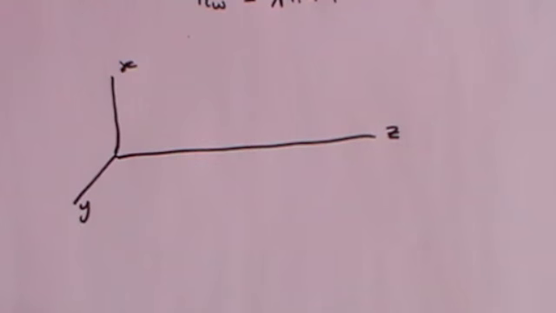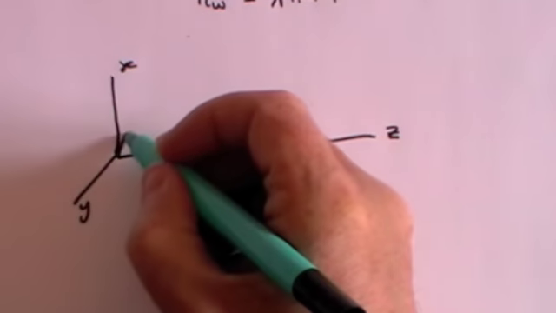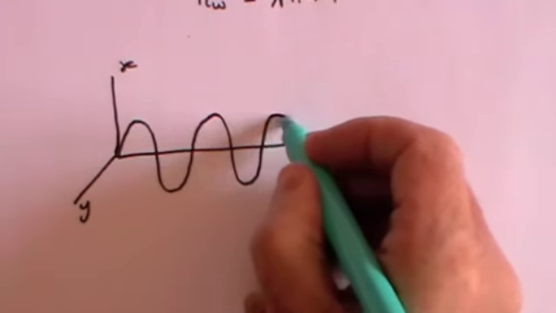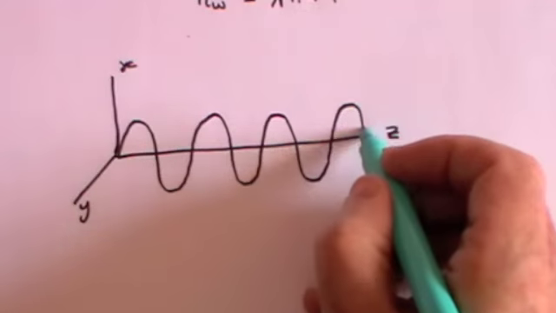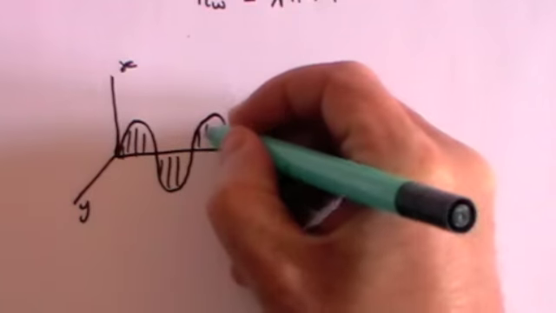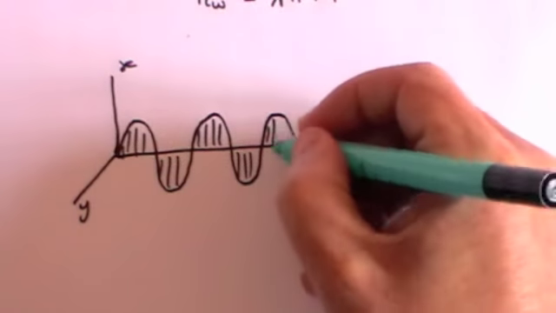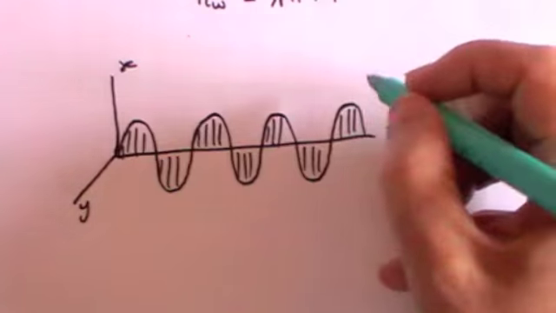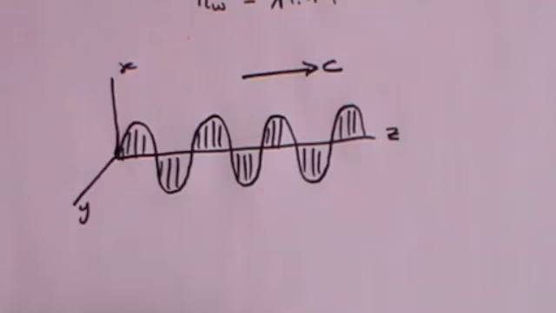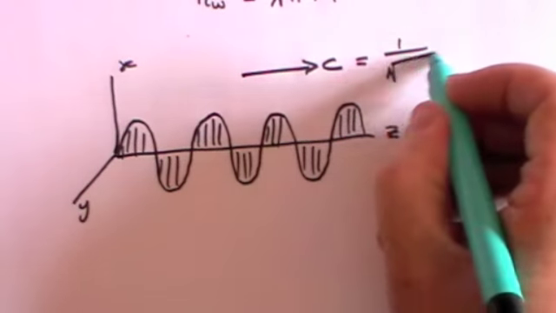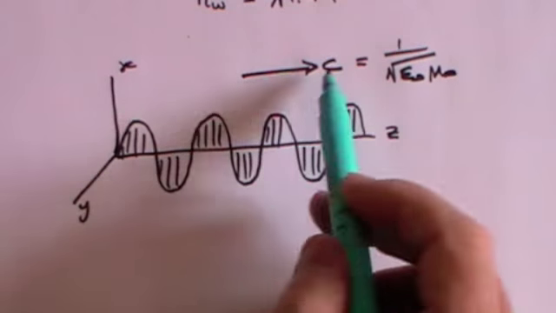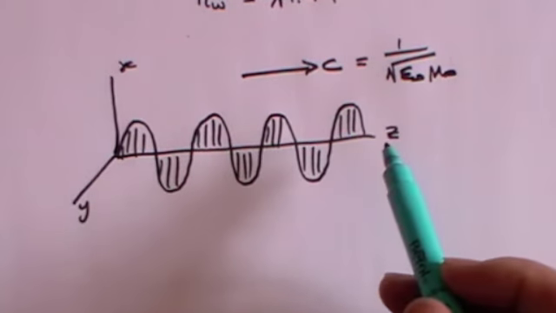They're all of course perpendicular to one another, and we said that the electric part of the electromagnetic wave was a, as it were, sine wave where the electric field oscillates in the x direction, but that the wave as a whole travels, of course, with the speed of light c, which is equal to 1 over the square root of epsilon naught mu naught in a vacuum, and it travels at the speed of light c in the z direction.